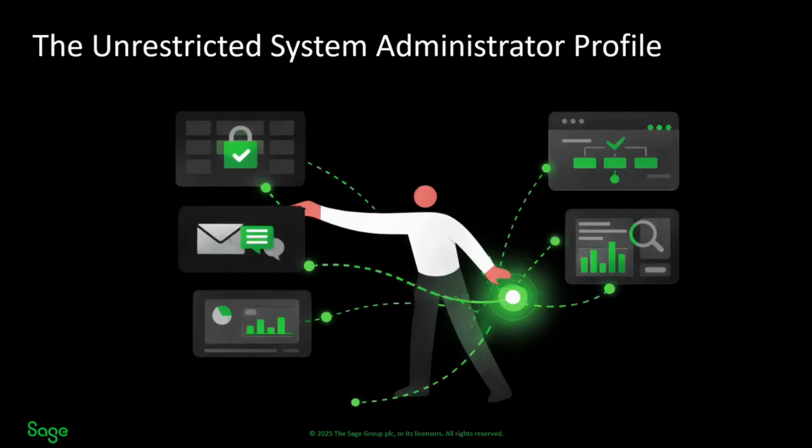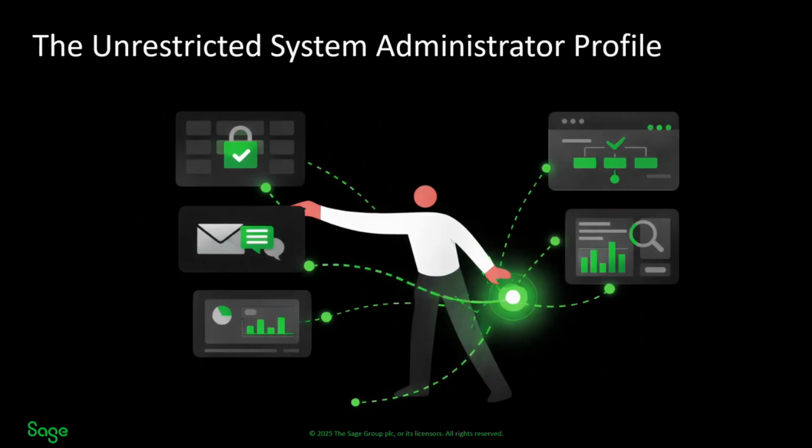We can develop this idea a little bit more, because if we're going to create a new profile, one of the things to note is that there is an unrestricted profile that is automatically created for the system administrator when you implement Sage CRM.